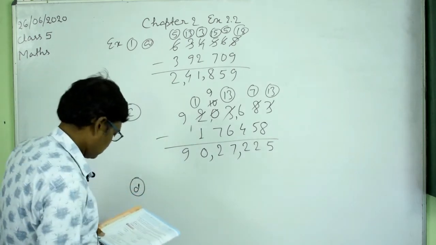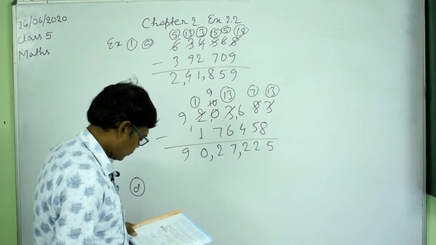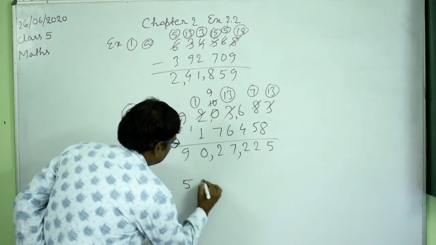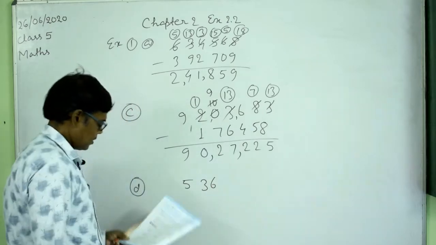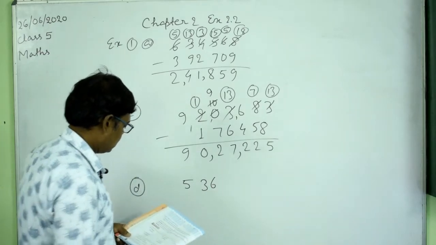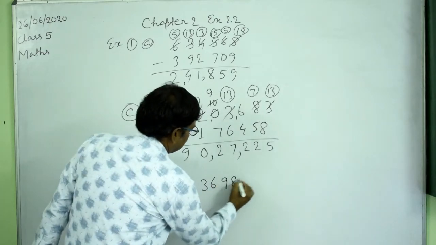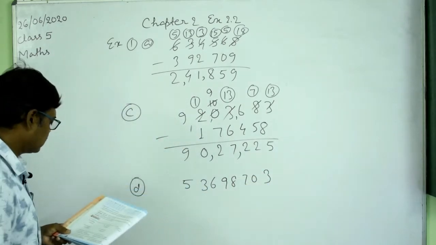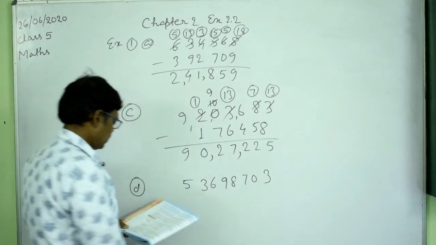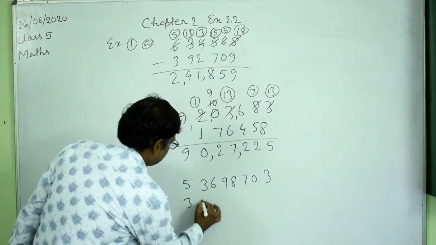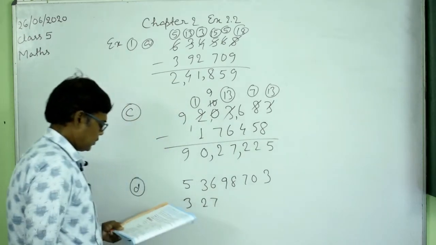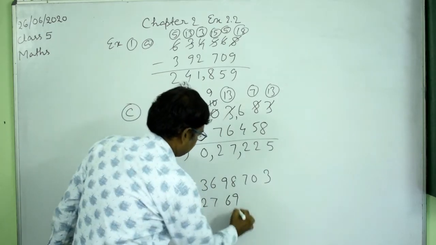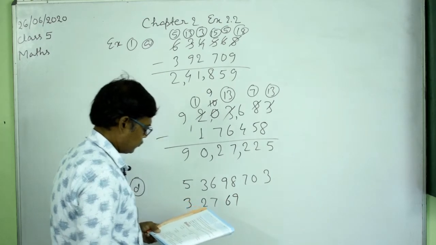So it is 5 crore 36 lakh 98,703. Okay, this is the number. And the next number is 3 crore 27 lakh 69,482.